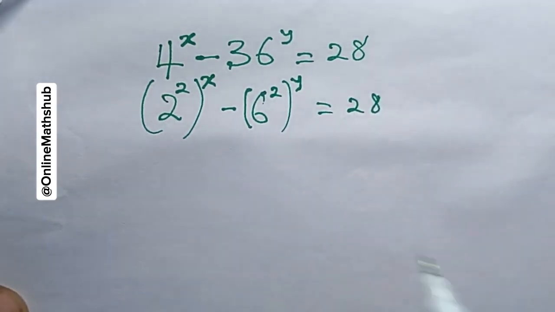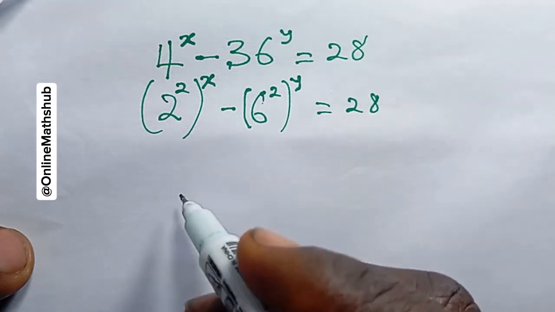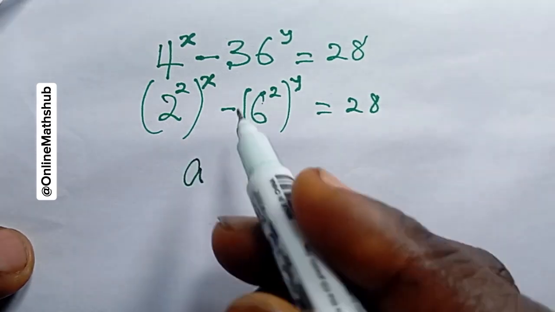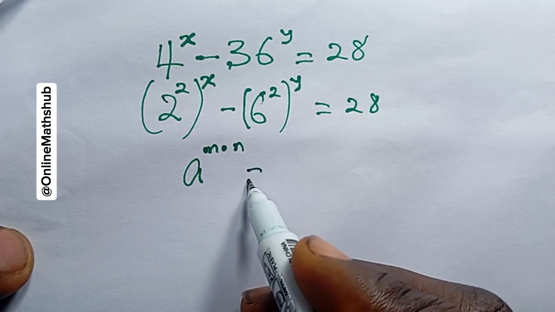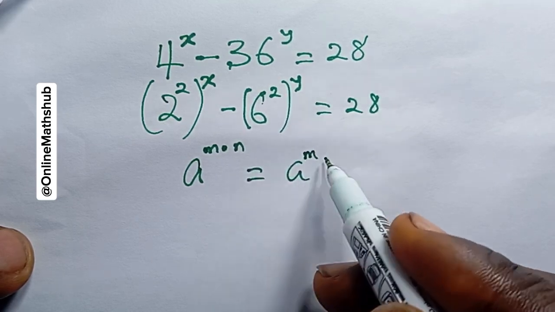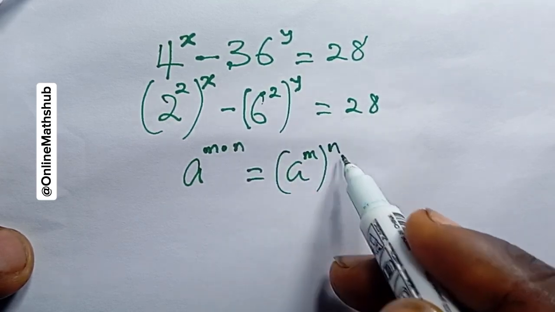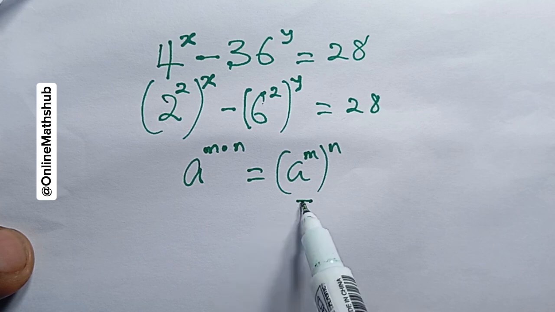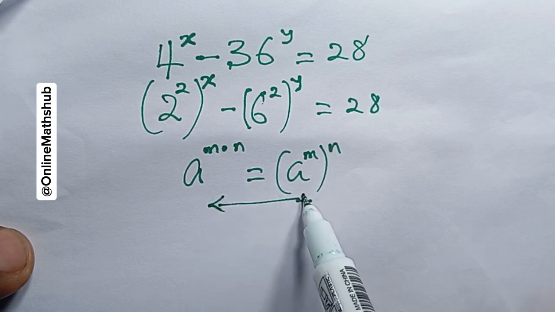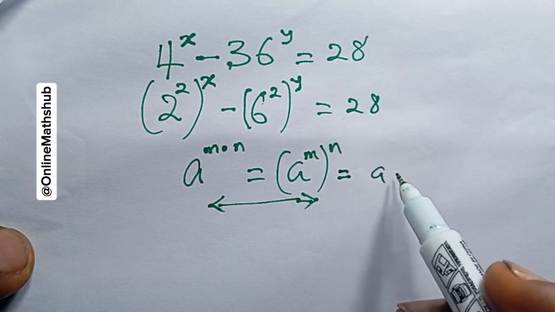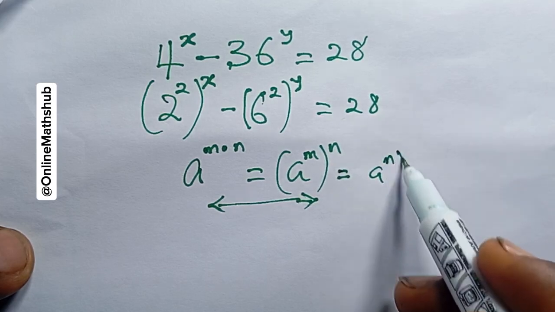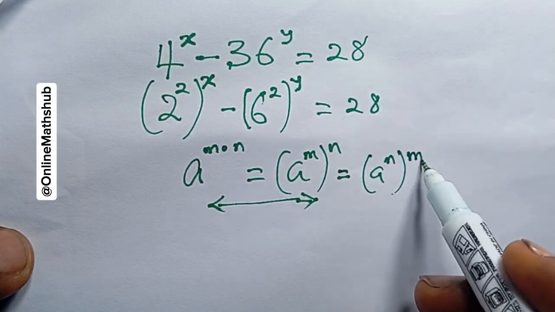Okay, so if you remember one of the rules of indices, which basically says that if you have a power m multiplied by n, you can also write this as a power m, bracket n, and you can also write this as a power n raised to power m.